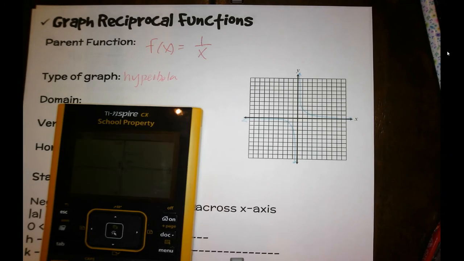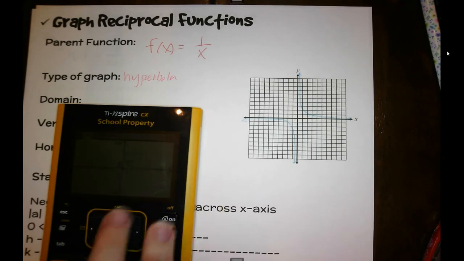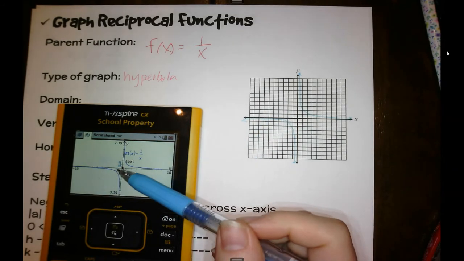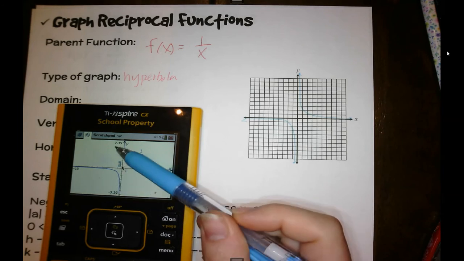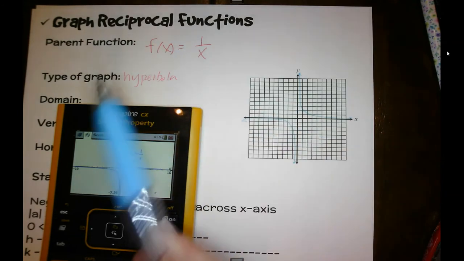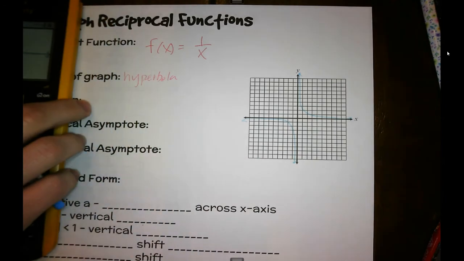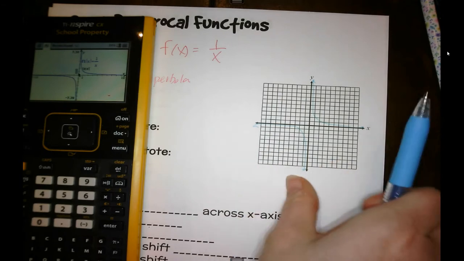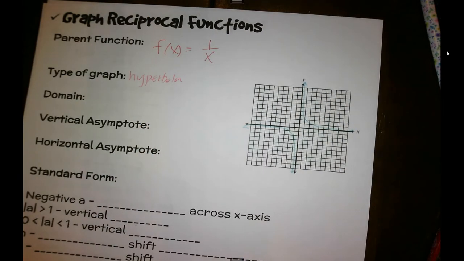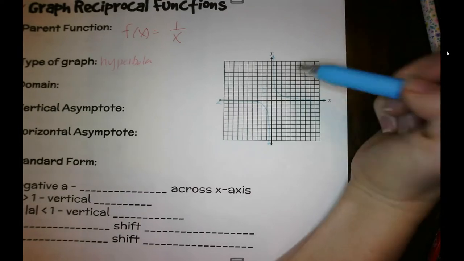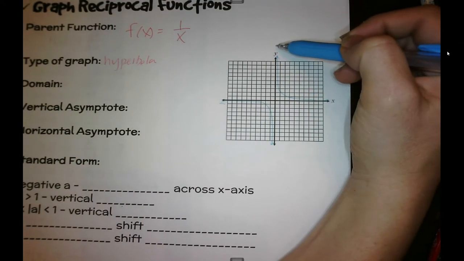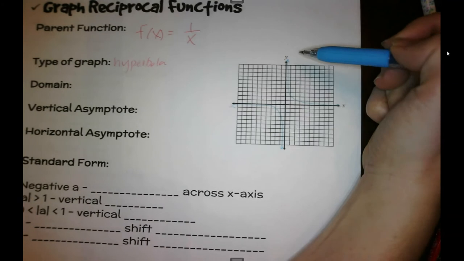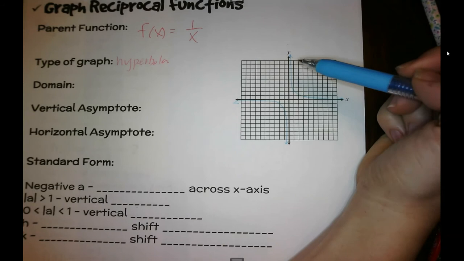If you were to make this real small, zoom out a lot, and then try to go up real high to your y's, or way off to the right or left to your x's, you'll see that what this graph actually does is it gets really close to your axis, either one of them, but it actually never touches it.